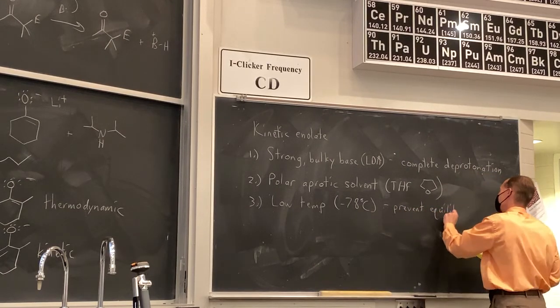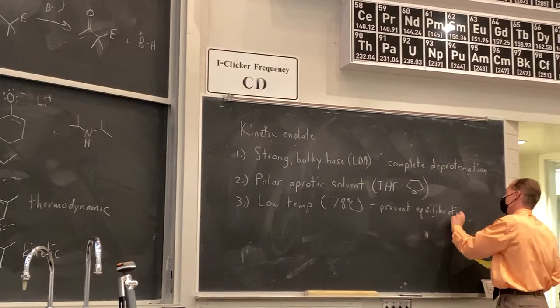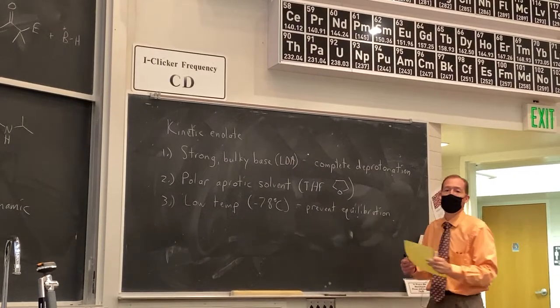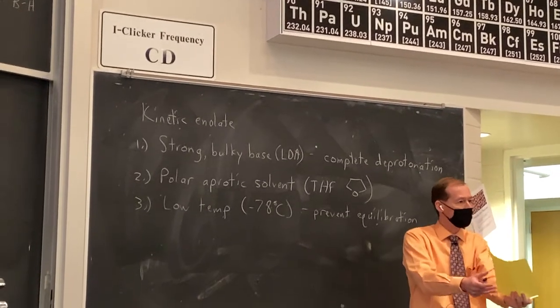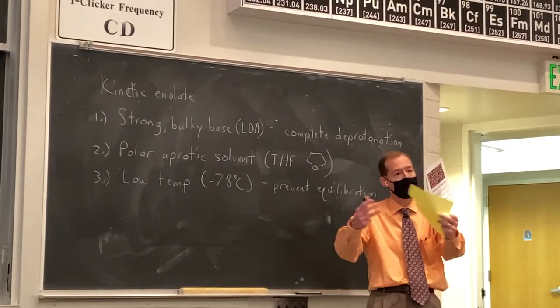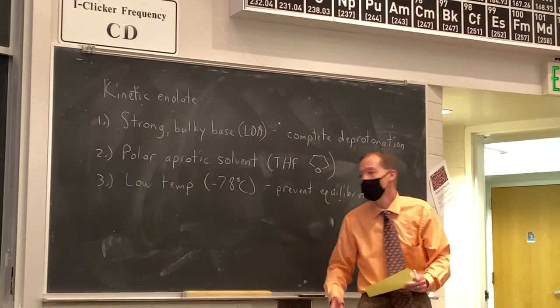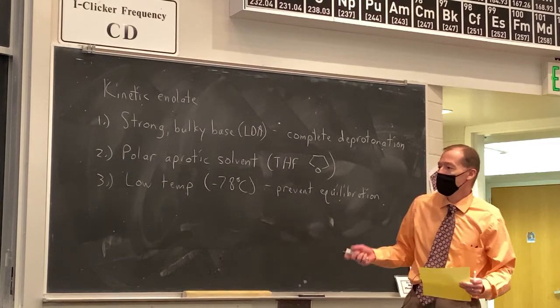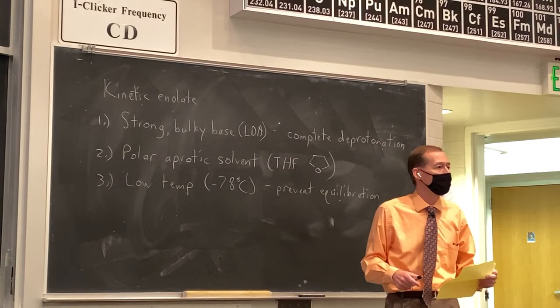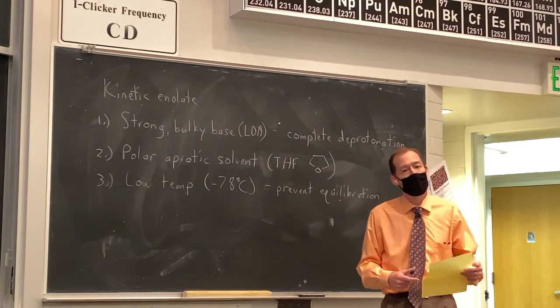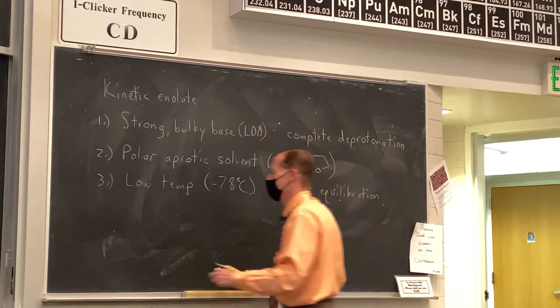Much like in the addition of HX to dienes, if we ran it at low temperature, we could prevent the less stable kinetic product from equilibrating to give the more stable thermodynamic product. If we make the enolate at low temperature, we can prevent the less stable kinetic enolate from equilibrating to generate the more stable thermodynamic enolate.